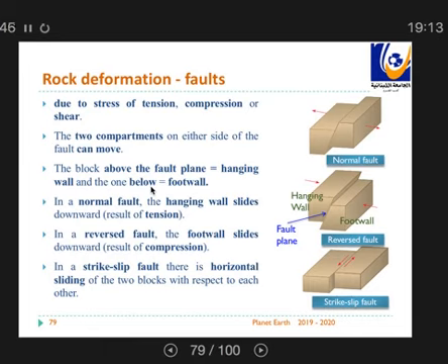And now we will be talking about faults. The process is called faulting, and it is due to stress of tension, compression, or shearing.